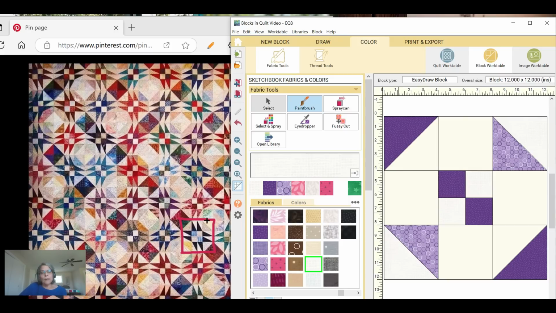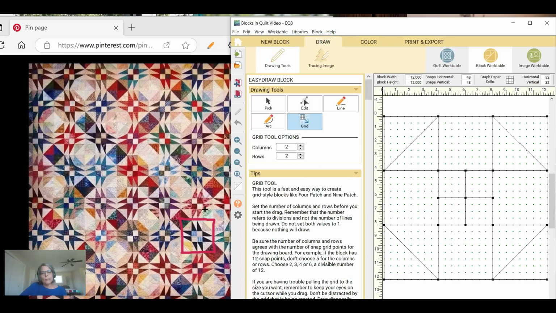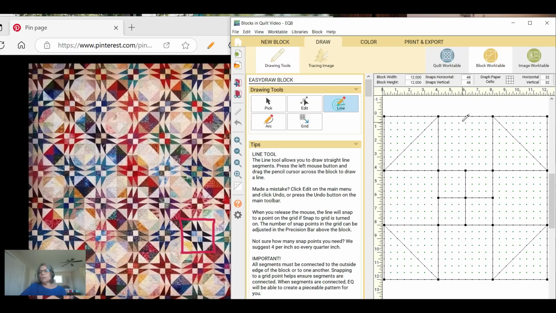Now we just have these half rectangle triangles to deal with. Let's go back to the draw. We know these are rectangles, so we're going to draw a line halfway in the middle of this grid space. So let's draw one line.